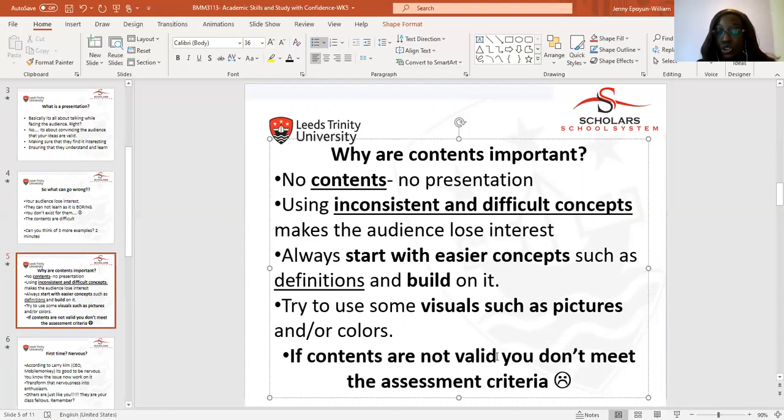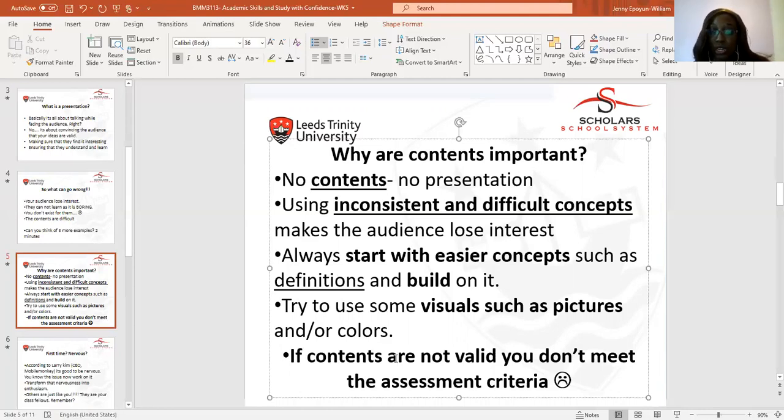And also, your contents should be valid. Because if your contents are not valid, you will not meet the assessment criteria. You will be checked. You're talking about cultural diversity, are your definitions correct? Your concepts, even the visuals you are using in your presentation, are they correct?